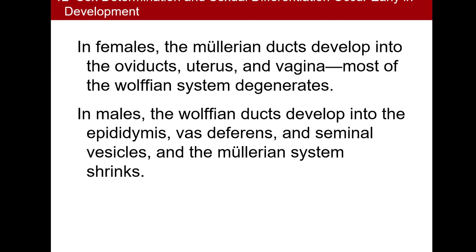All right, so in females, the Mullerian ducts develop and the Wolffian ducts fade away. Remember, early on, you have all the components you need to become either male or female. Let me start back over again there.